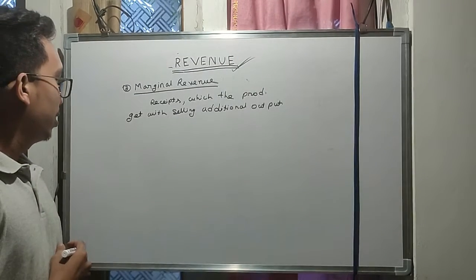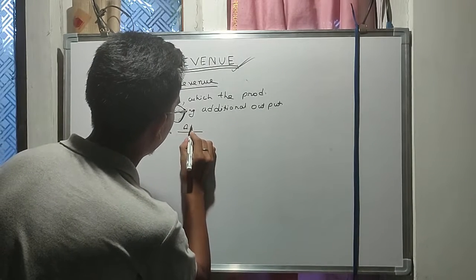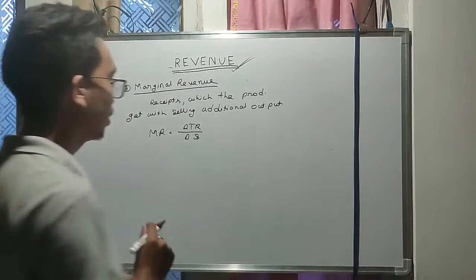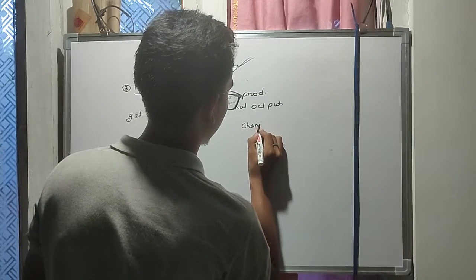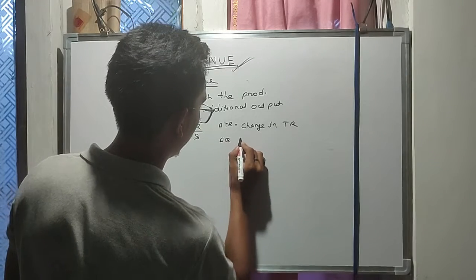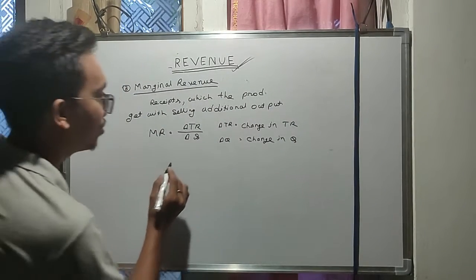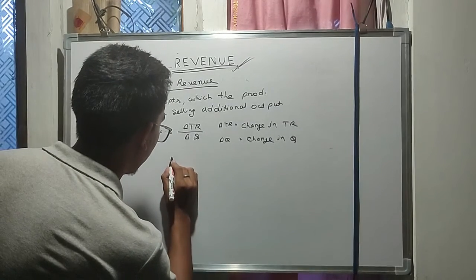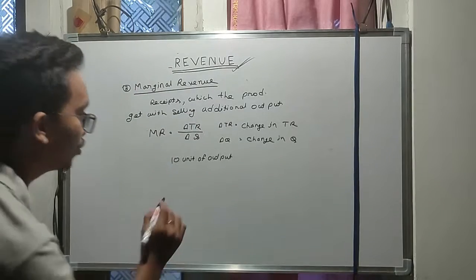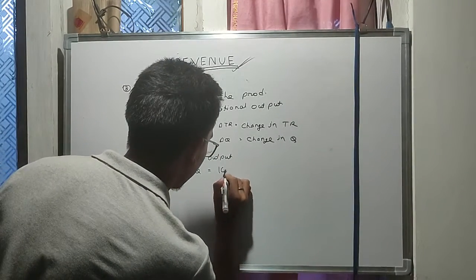Let's understand with the example. We can write it as MR equal to del TR by del Q. Del TR means change in TR. Del Q means change in Q. Let's assume that earlier 10 units of output, which means 10 Q, the total revenue is 100 rupees.